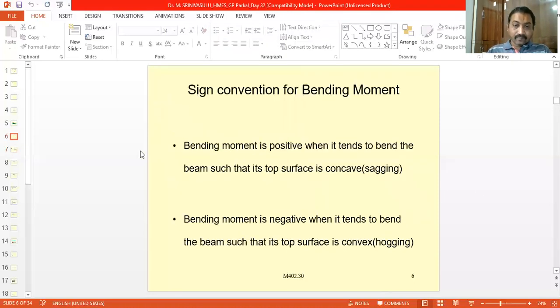So the sign convention for the bending moment: the bending moment is positive when it tends to bend the beam such that the top surface is concave, that is sagging. And the bending moment is negative when it tends to bend the beam such that its top surface is convex, that is hogging. So you just remember that for the shear force and bending moment.